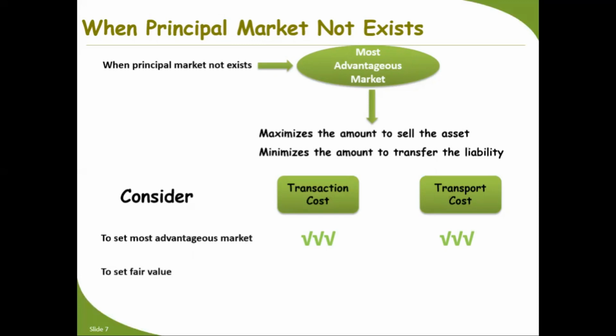But when we are determining the fair value for the particular asset or liability in that most advantageous market, you will not consider your transaction cost, but you will incorporate only your transport cost. So first of all, we will try to determine our fair value from our principal market. If we don't have access to the principal market, then we will move towards the most advantageous market.